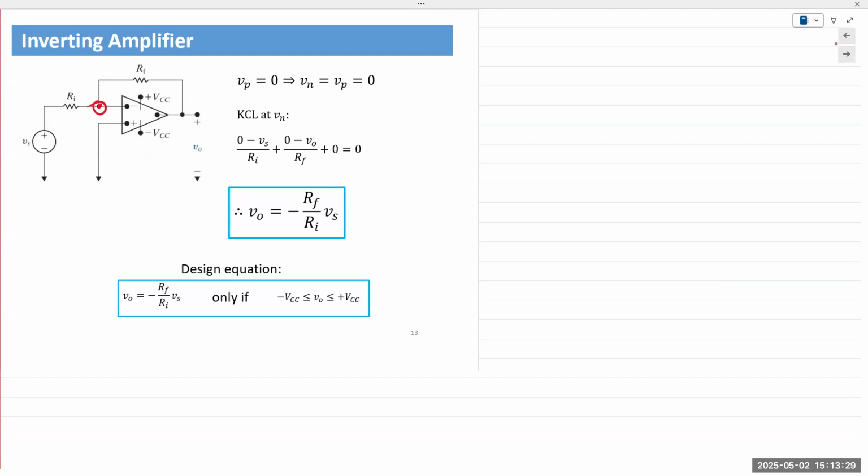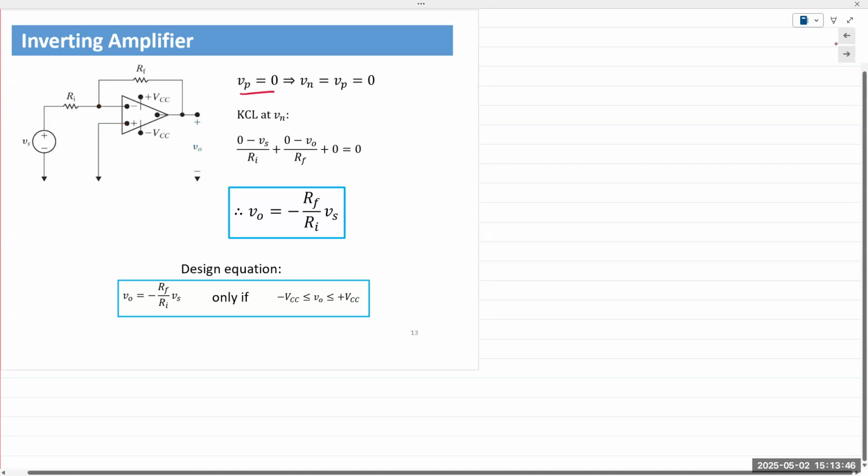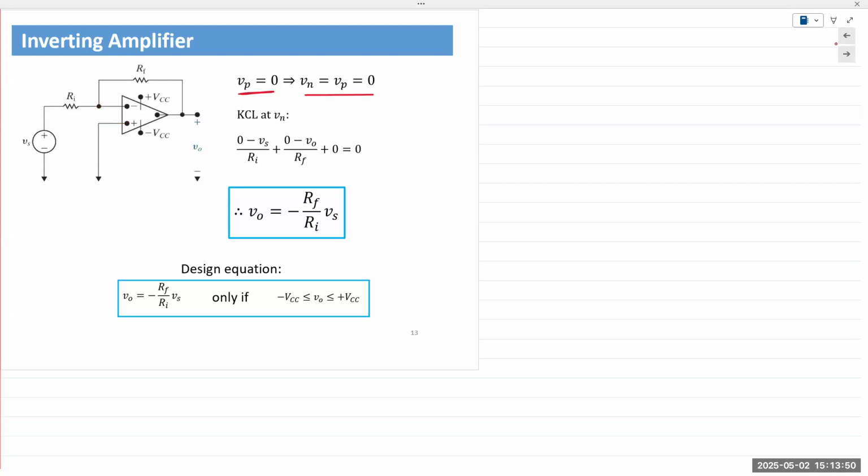The non-inverting terminal is connected to ground. Because the non-inverting terminal is connected to ground, we can say the inverting terminal is virtually connected to ground. And because it's virtually ground, Vn is also equal to Vp.